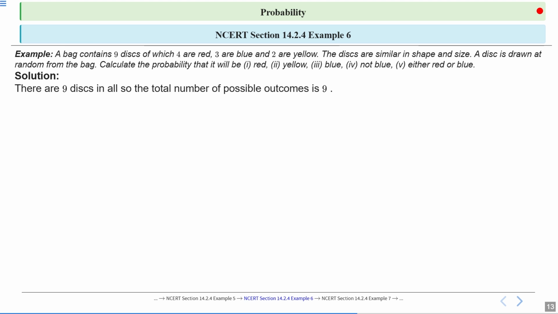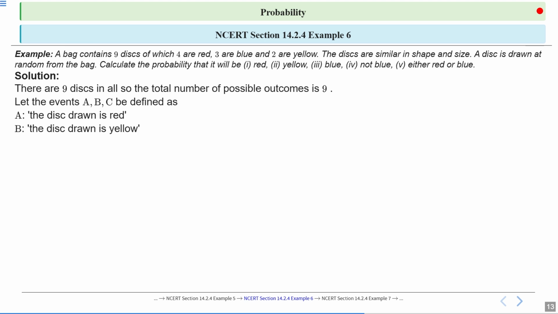There are 9 discs in all, so the total number of possible outcomes is 9. Now we let the events A, B, C be defined as follows: A is defined as the disc drawn is red, and B is defined as the disc drawn is yellow.